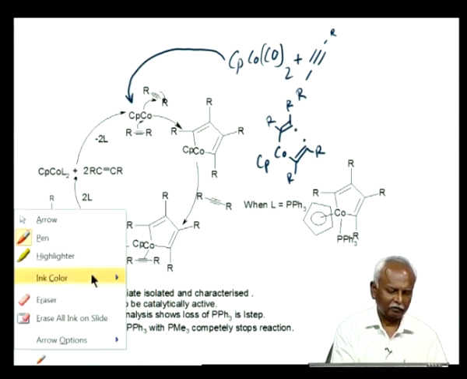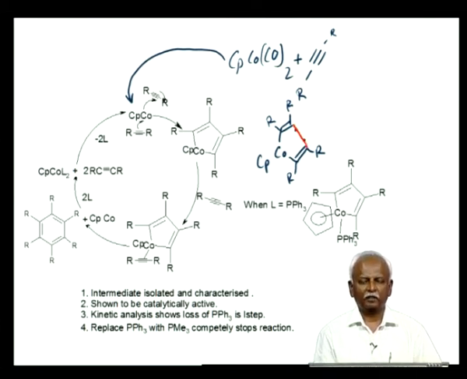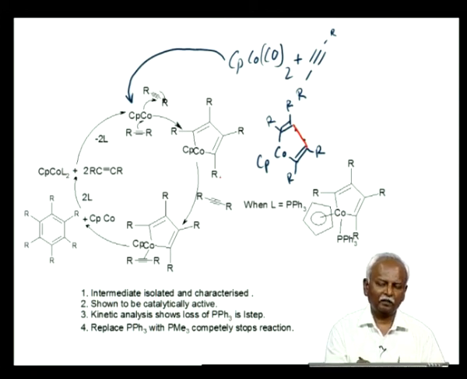Let us indicate this with a different color, so that we remember that this bond is a newly formed carbon-carbon bond, and that is what is indicated here, which is now a cobalt 3 species.